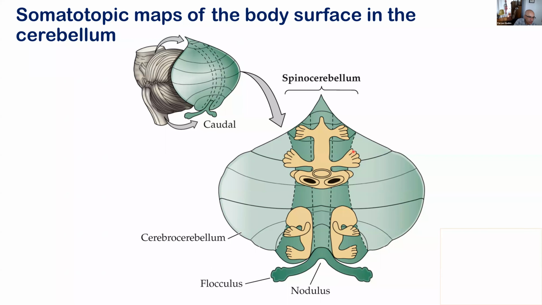You can think about what happens, for example, if there is damage to this part of the cerebellum. Let's say there's damage to this part of the cerebellum, which has a map of the body that is coming from, let's say, the right hand or the right fingers. It turns out that each part of the cerebellum that's getting input from any part of the body eventually sends its signals to control the outputs to that part of the body, not directly, but indirectly.